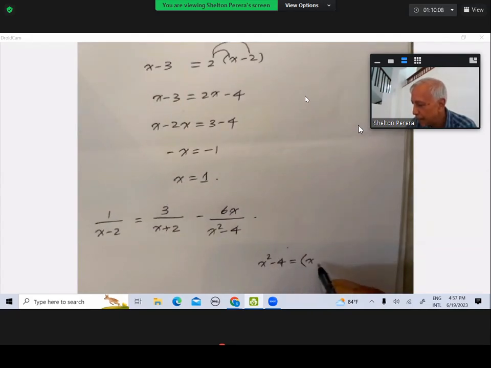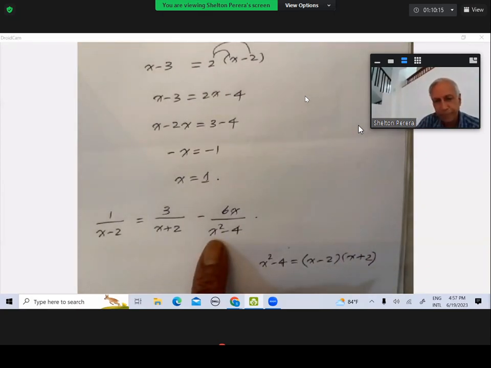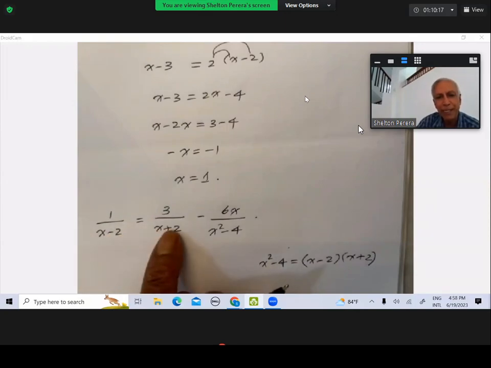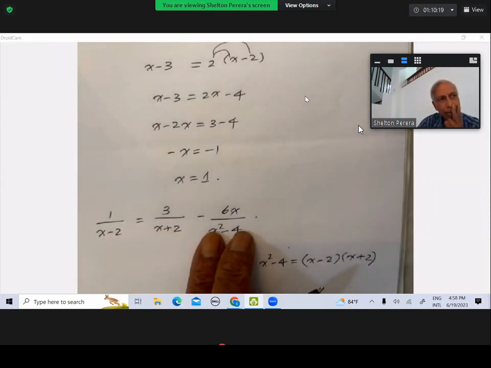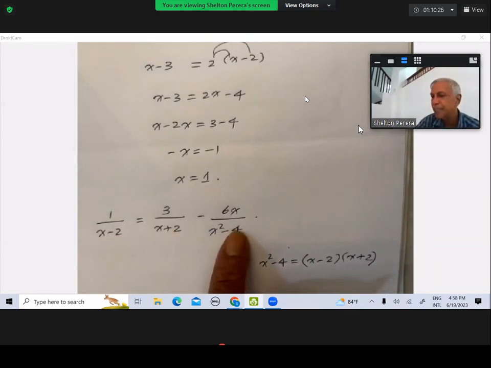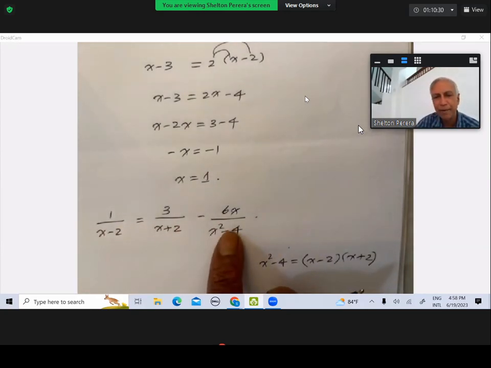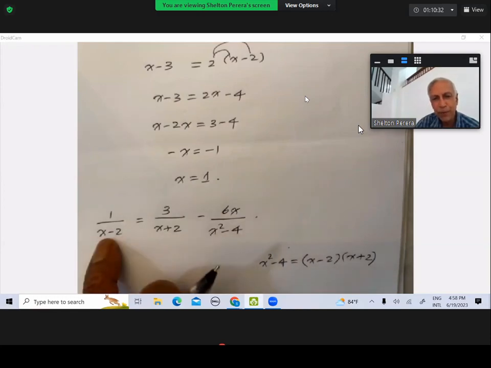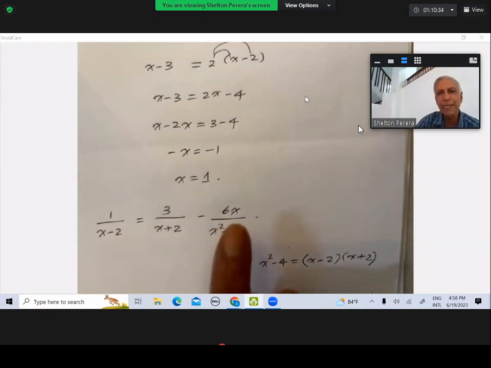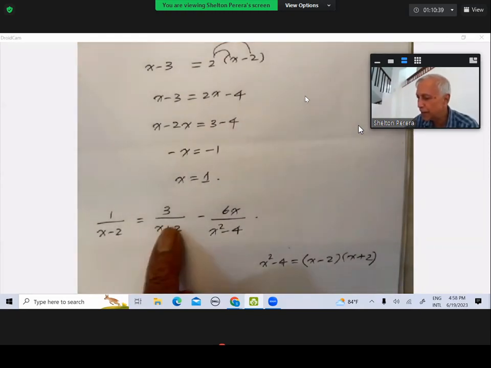So this factors into x minus 2, x plus 2. So no more new factors are necessary to clear x squared minus 4 if you are taking both of these. It's like having 2 here, 3 here and 6 there. 2 times 3 would automatically clear that also. So x squared minus 4, these two are factors of that.